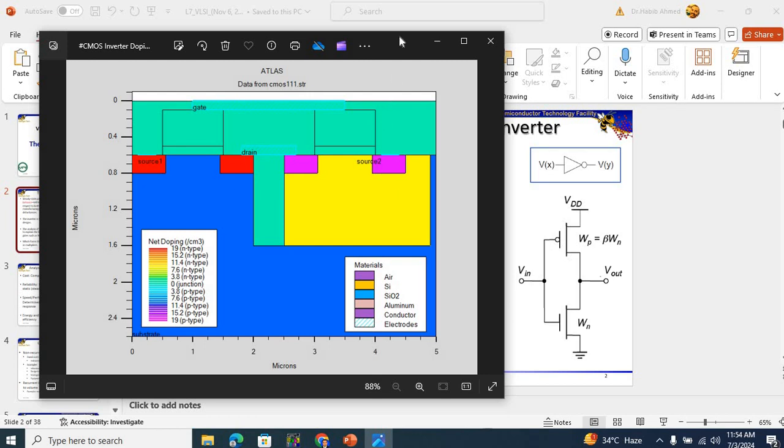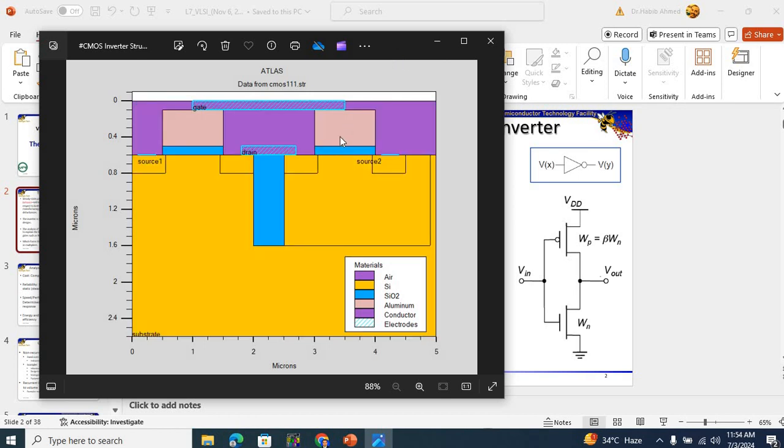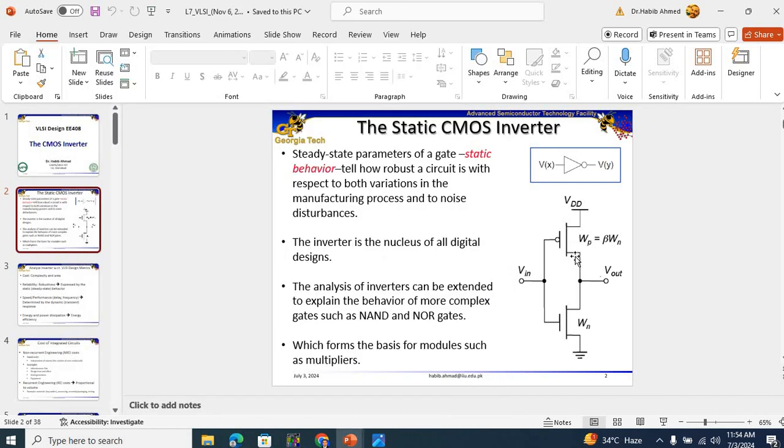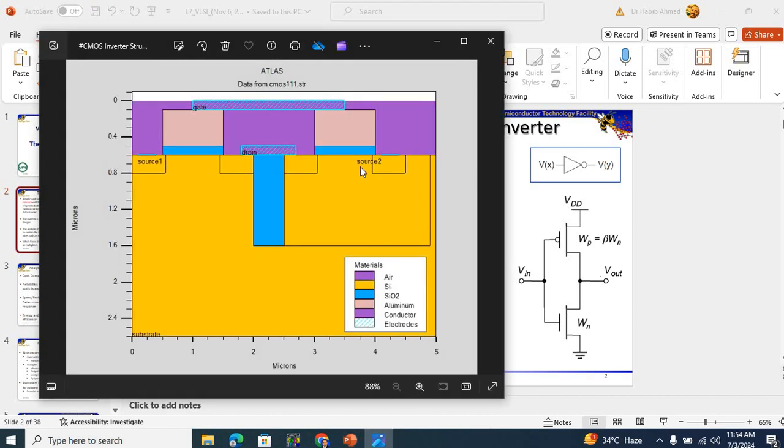In this Silvaco TCAD simulation, here is the gate of the PMOS and here is the gate of the NMOS, and I've connected them together. Similarly, the drains of the PMOS and NMOS are connected together. Here is the drain of the PMOS and here is the drain of the NMOS, and I've connected them together.